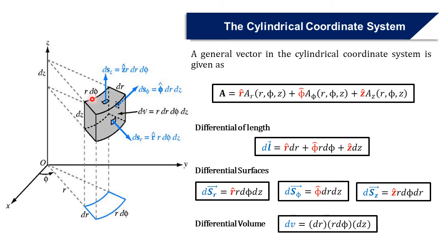Sa cylindrical naman, we have r, small letter r, yung ating radius ng cylinder, and then yung phi, yung angle natin, and then yung ating z, yung ating height.